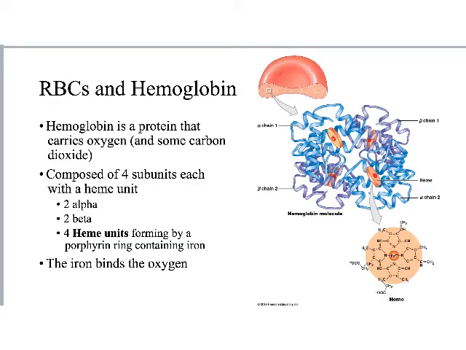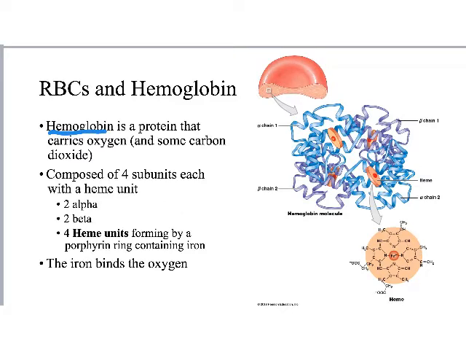So as I mentioned, the purpose of red blood cells was to carry oxygen. And so there has to be kind of a mechanism within that sac of a red blood cell for picking up oxygen, for carrying oxygen, and then for delivering oxygen. And so the mechanism for carrying oxygen requires this molecule called hemoglobin. And hemoglobin is basically a protein.